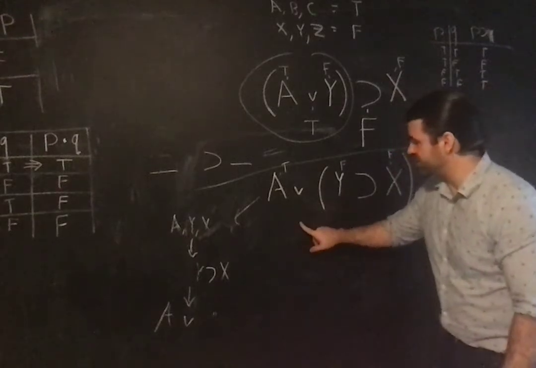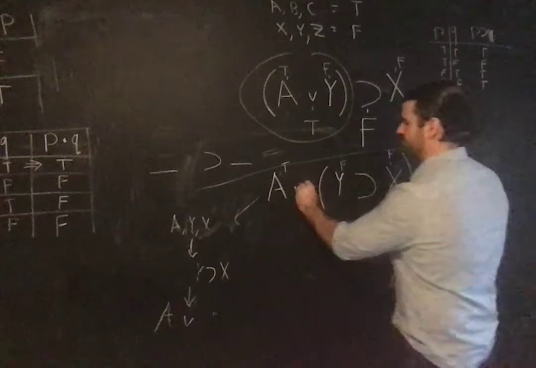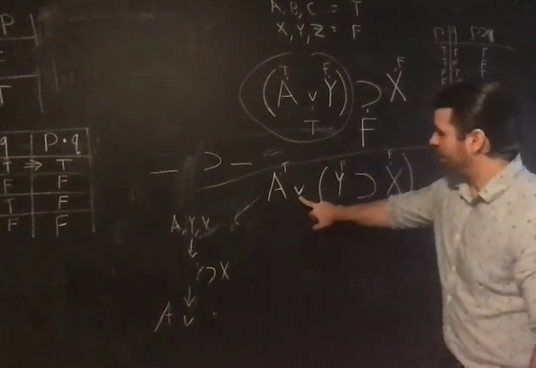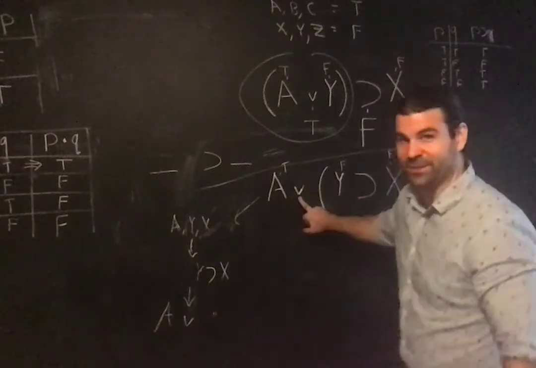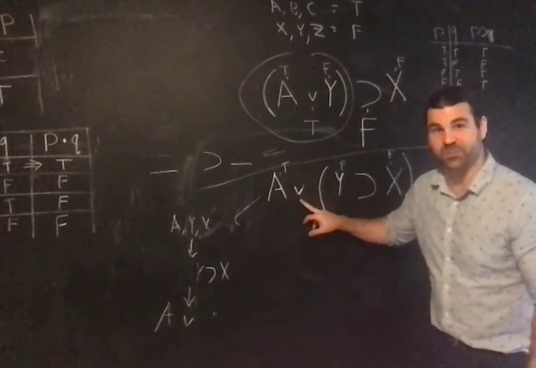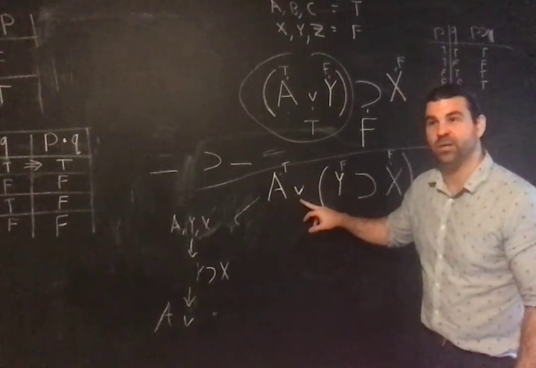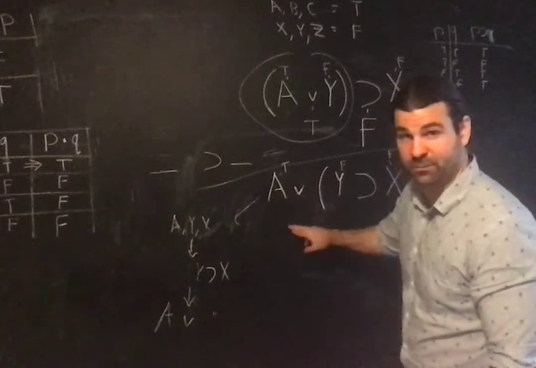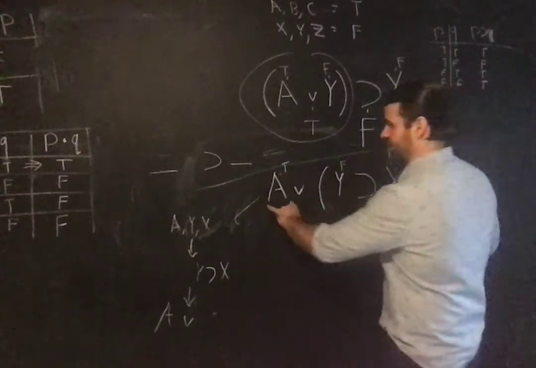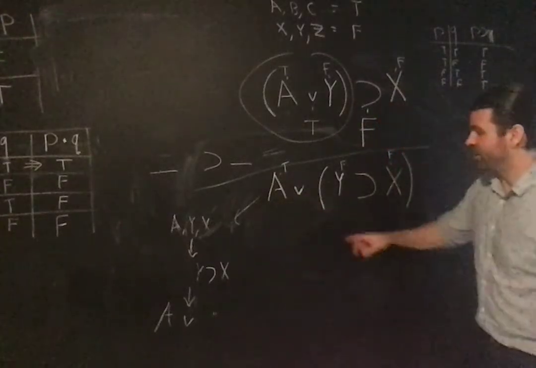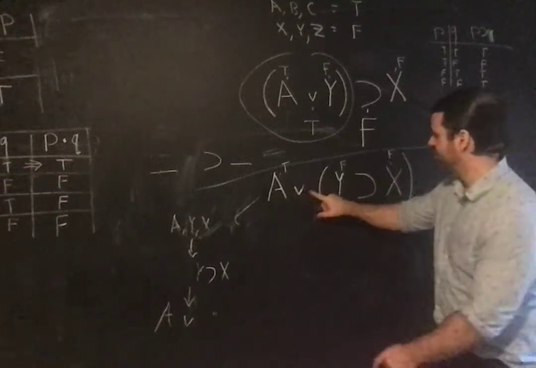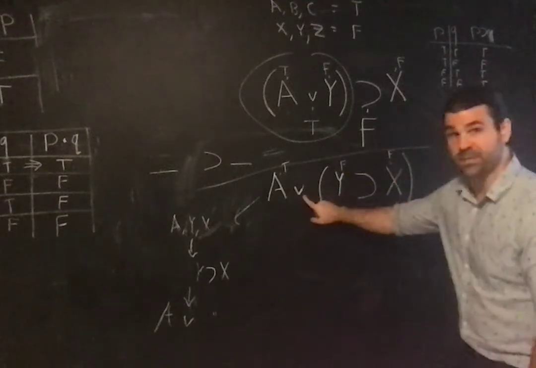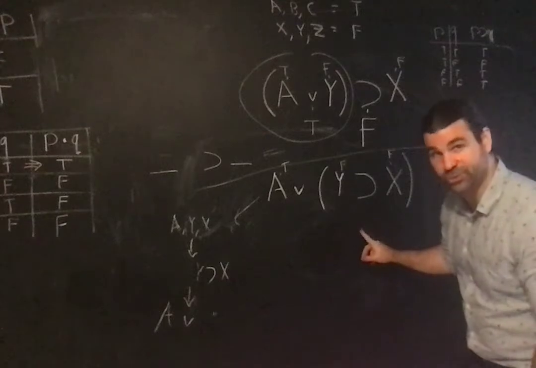It's a disjunction, right? Well, there's a couple of lessons to teach here. It's a disjunction, which means the disjunction is true so long as at least one of the disjuncts is true. The disjuncts being the things disjoined. Okay, well, I've got F here and F here. Is the right-hand disjunct true or false?